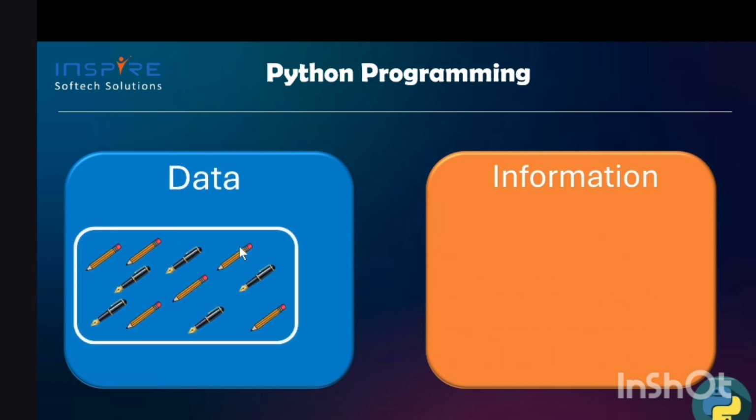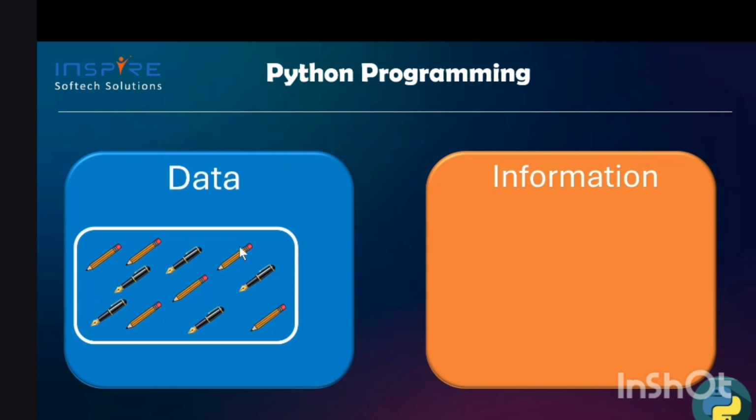Like we can say data is not organized. We have different pens and different angles of movements. In this data we have to find the correct one. Even if you go to the market, there will be a lot of pencils and pens, so we have to find which is suitable for us.